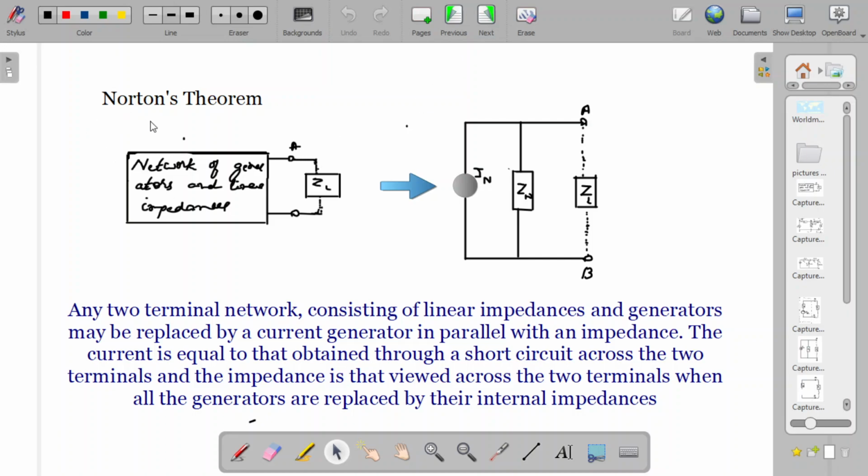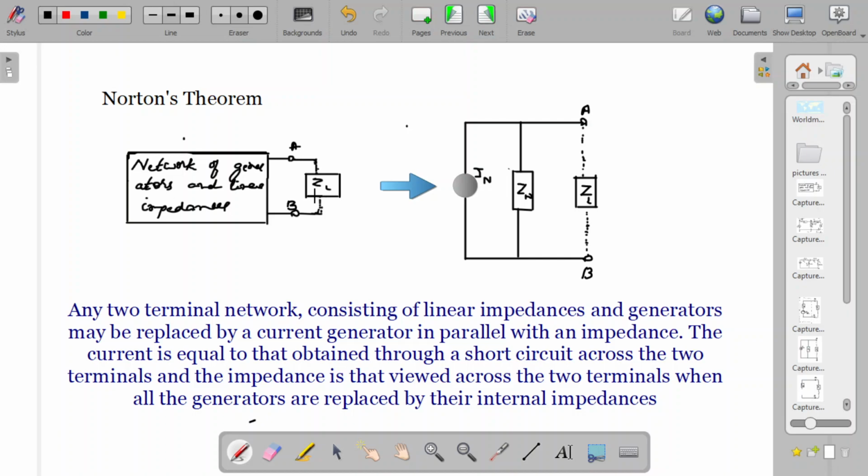So this is Norton's theorem, where you have, as in the earlier case, a complex network consisting of generators and impedances, ending up at the two terminals A and B. Then you have the load impedance connected.